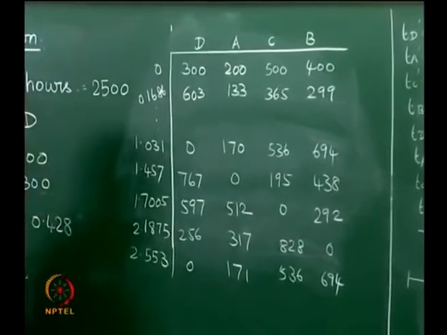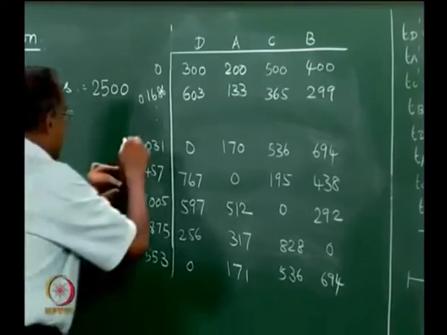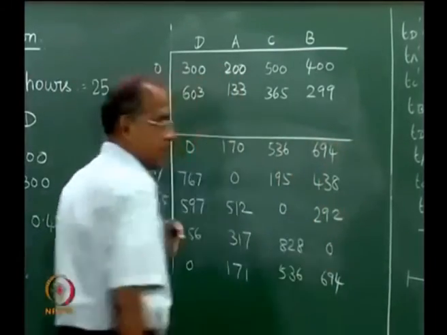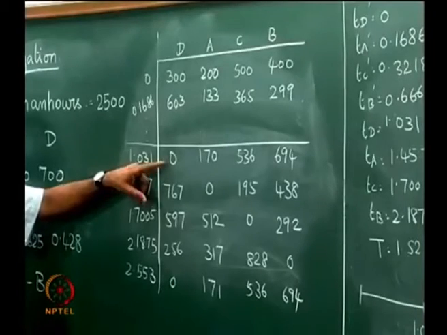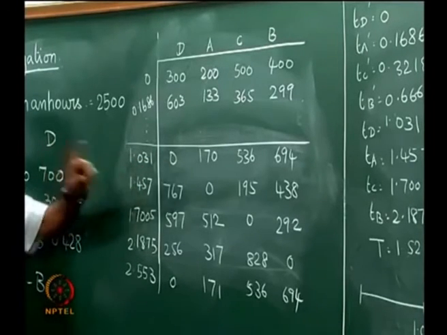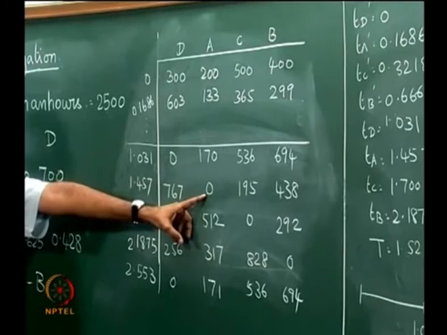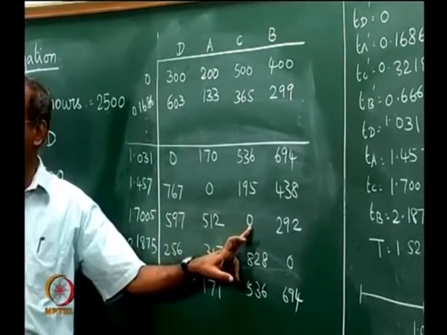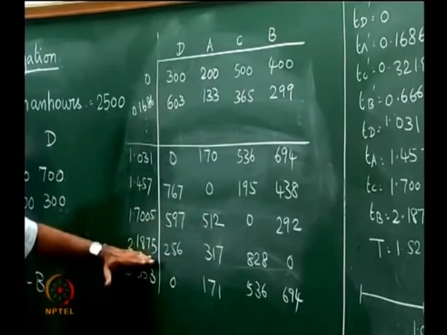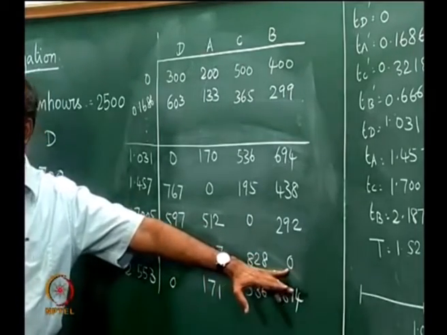Now, what do we observe out of this? The moment the steady cycle begins, we produce D when the inventory is 0. When we start producing A, the inventory has come to 0. When we start producing the next item C, the inventory has come to 0, and when we start producing the next item B, the inventory has come to 0.